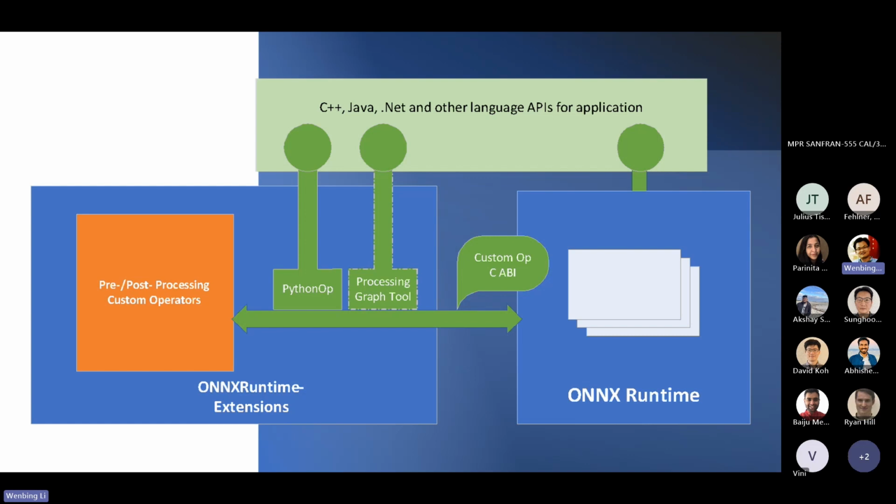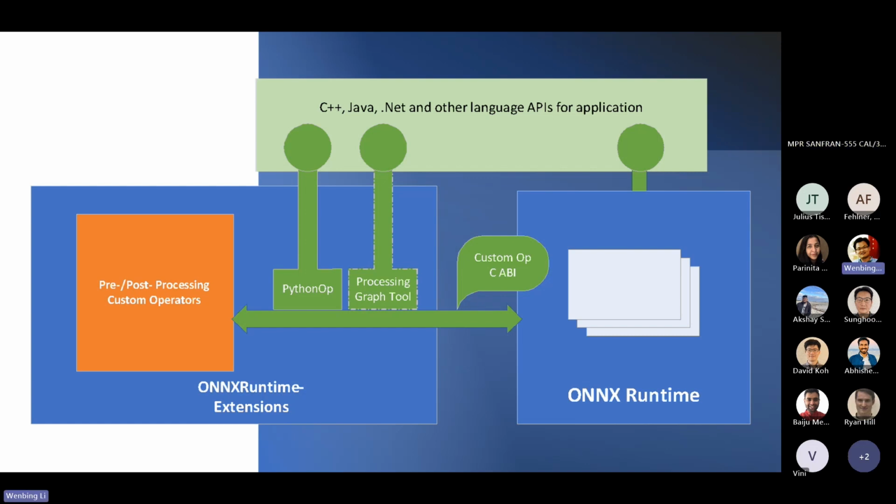It communicates with ONNX Runtime through the C API, which means it's backward compatible with ONNX Runtime, and you don't have to select binding versions between the two components. You can just choose the version you want and use it in your app.